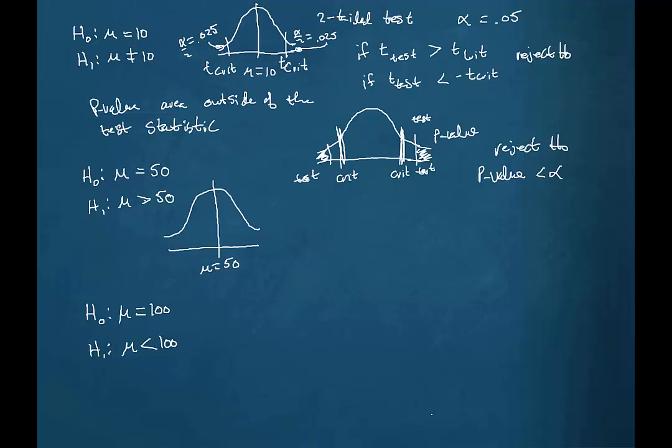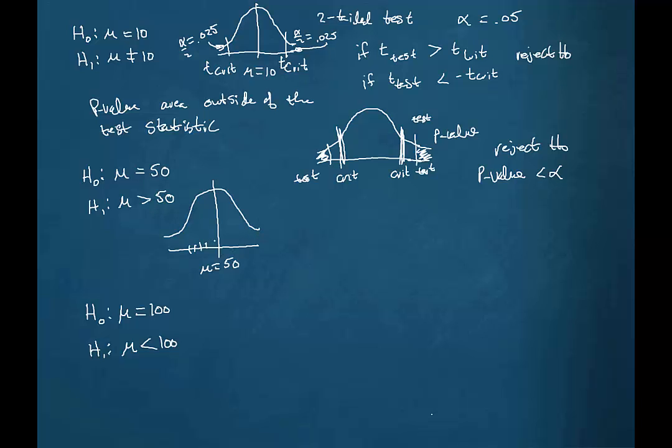Notice this time that the alternative hypothesis says that the mean is greater than 50. Now let's think about if we draw a random sample, and the sample measures put the sample statistic way down here to the left, then the sample wouldn't even support this alternative hypothesis.